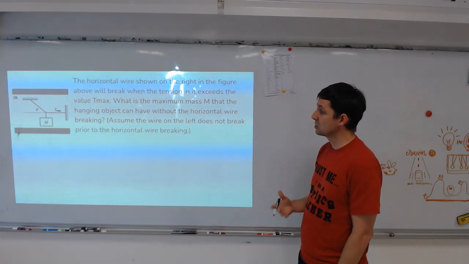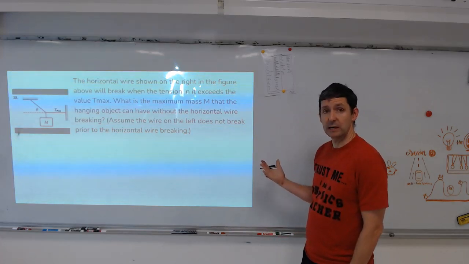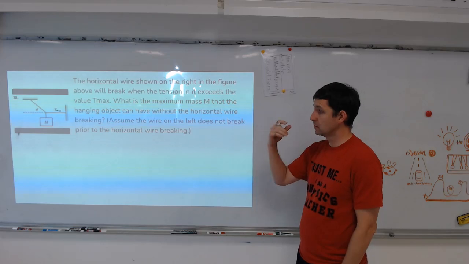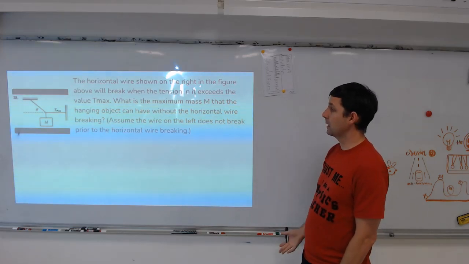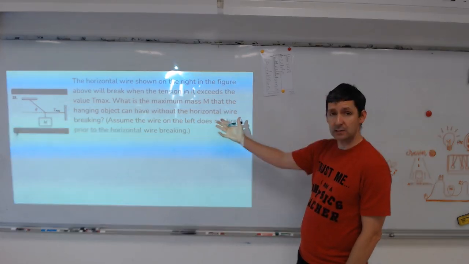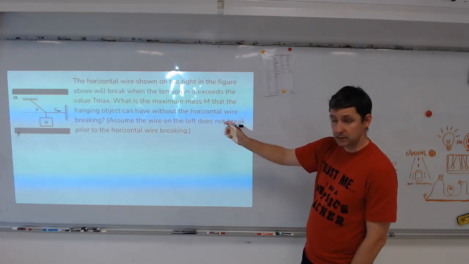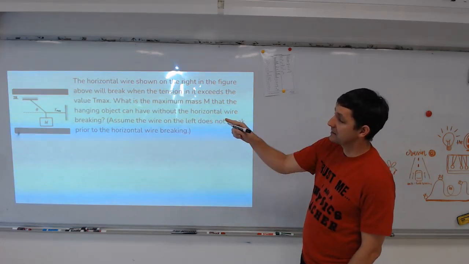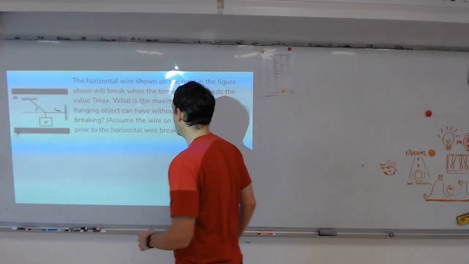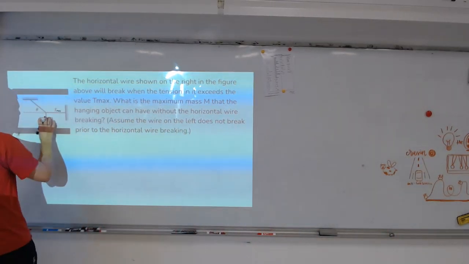All right? So all we need to do is put our forces together. Again, I'm assuming that we want to write this answer in terms of the variables given and constants. So T max is a horizontal force. All the other forces here, this is at rest.